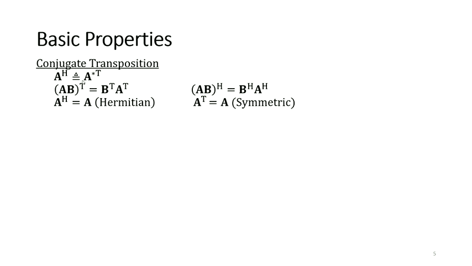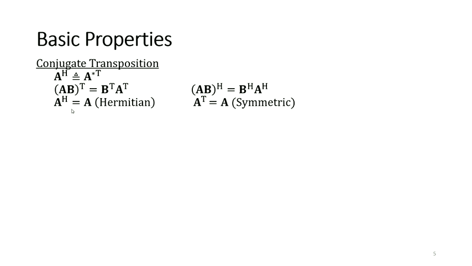So A transpose. But if you have a complex matrix, then you have to use this operation, A star transpose: conjugate all the scalar elements of the matrix, and then you take the transpose.